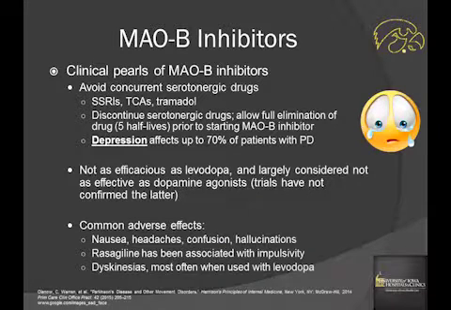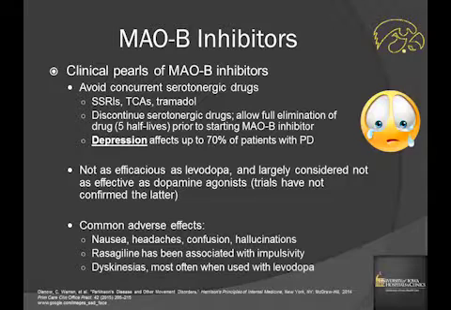So something that is considerably more serious is that we certainly want to avoid these medications in patients who are on any type of serotonergic drug. So these include SSRIs, TCAs, tramadol, and this is so serious that we need to discontinue any of the serotonergic drugs and wait for the full elimination of the drug. And if you recall, it takes 5 full half-lives for a drug to be completely eliminated from the system before we would consider starting one of the MAO-B inhibitors.